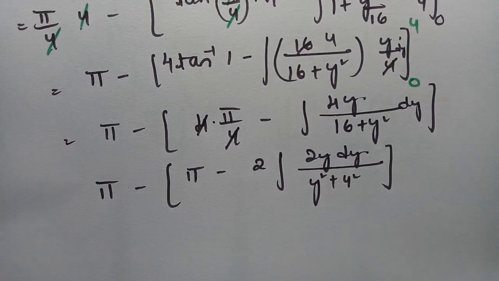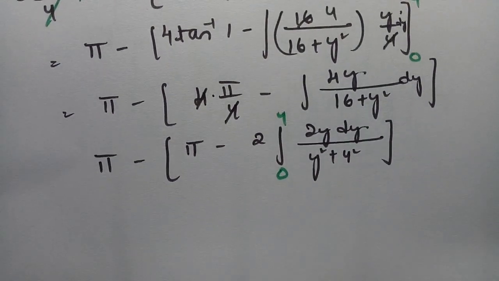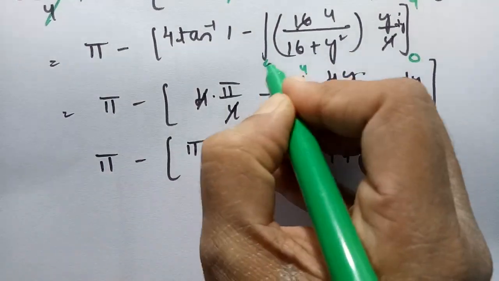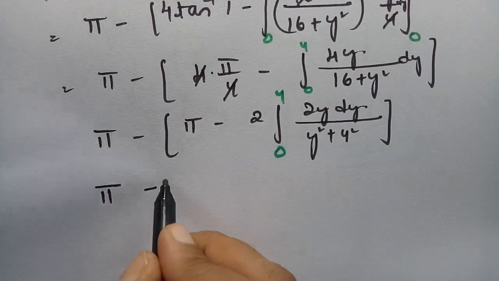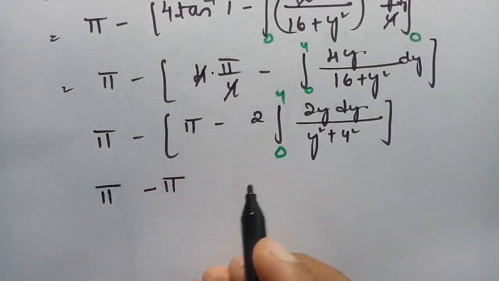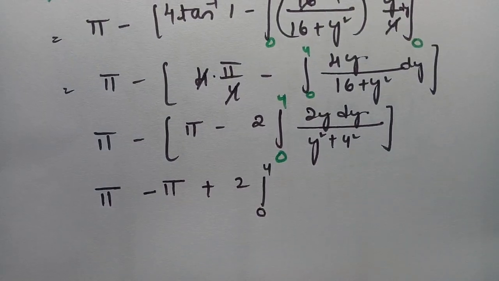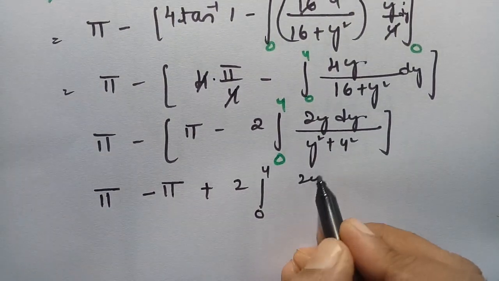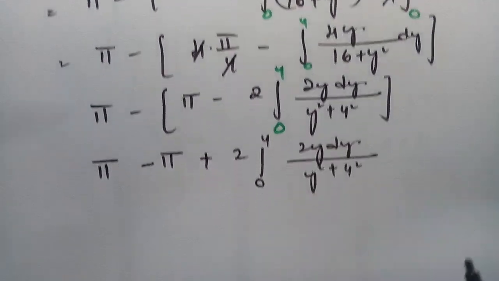Between the limits 0 to 4, here also 0 to 4. And this is pi minus pi. If I multiply with minus, this will be 2 times the integral from 0 to 4 of 2y dy by y square plus 4 square.